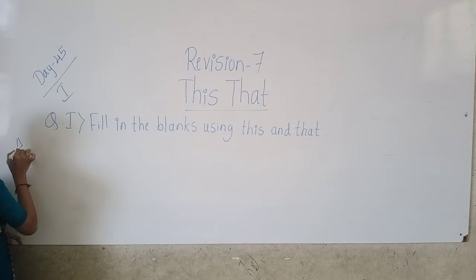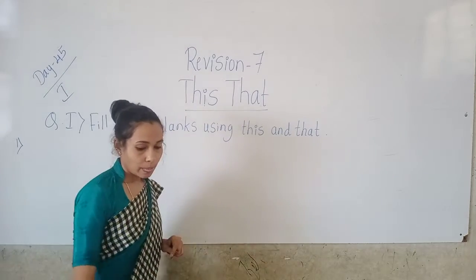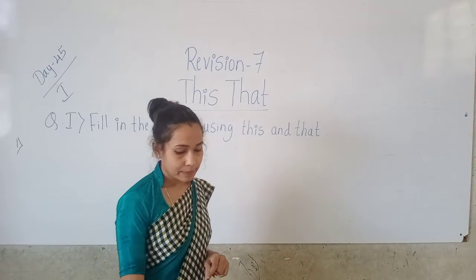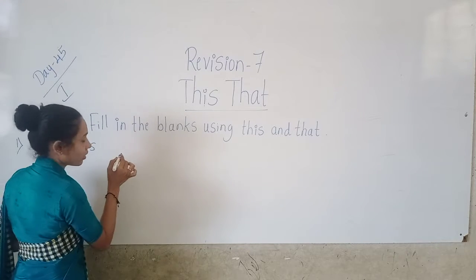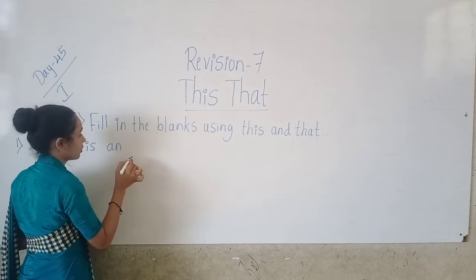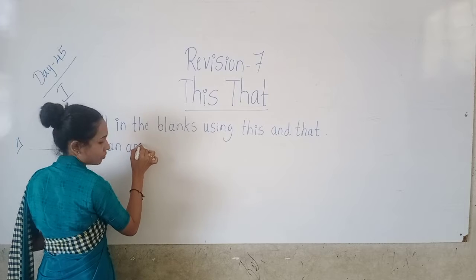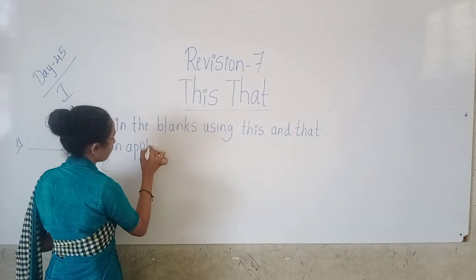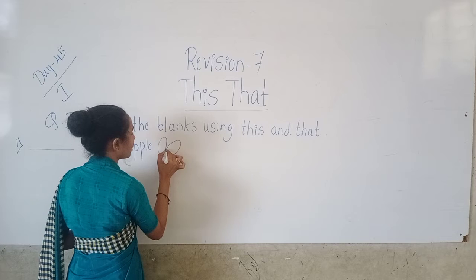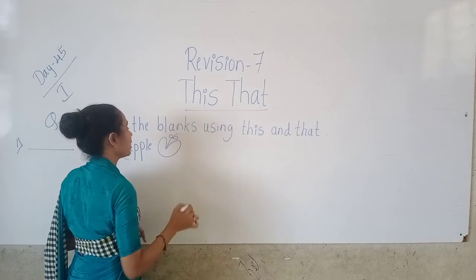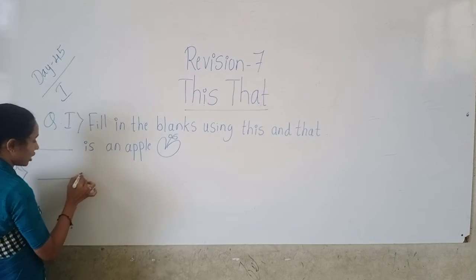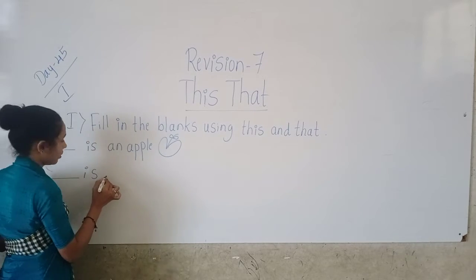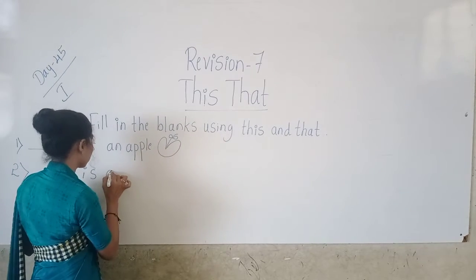Okay, so the first question is, dash is an apple. See, I am drawing the picture. You have to identify whether it is near or far, okay children? Dash is a shoe.